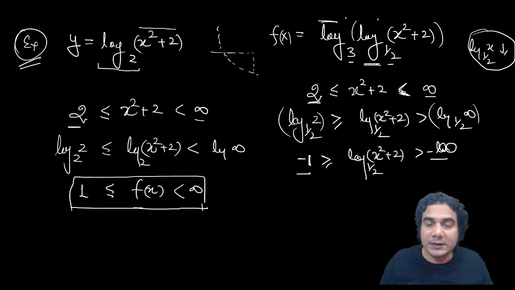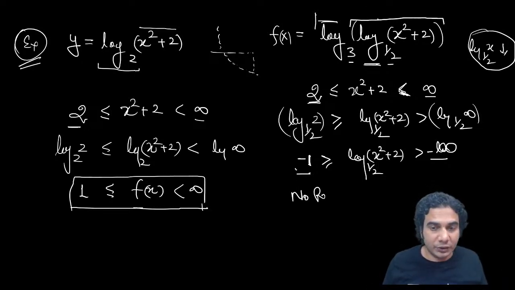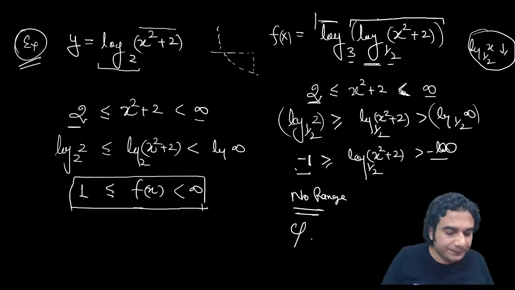That means there's no point in the range. Because if this is giving all negative values, then the outer log will not be defined for those values. That means there won't be any outcome of this f of x function. So there is no range, or you can say the range is phi. I hope you have got this point.